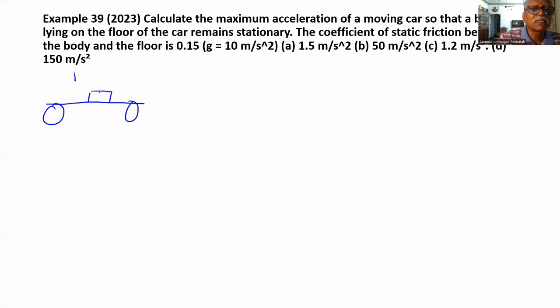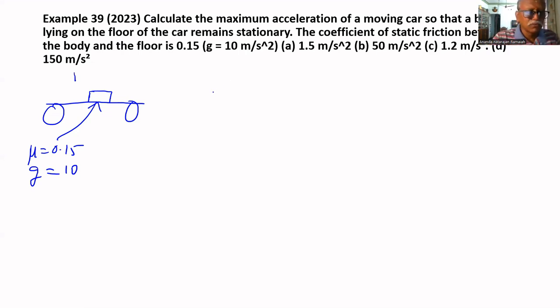What is the maximum acceleration so that this mass should not move? The coefficient of static friction between the body and floor is given as mu equal to 0.15. g is given, g is equal to 10. What is the acceleration of the car?